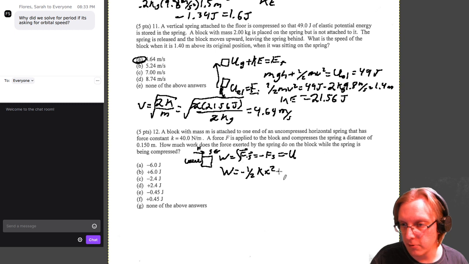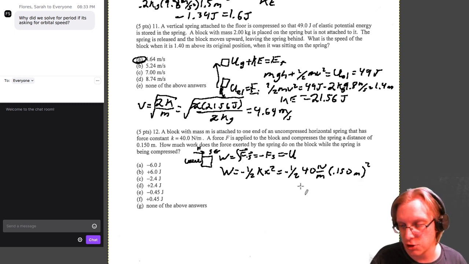So then we have minus 1/2 times K, which is 40 newtons per meter, and the displacement is 0.150 meters, quantity squared. Meter squared cancels 1 meter here, which leaves me with a newton meter.